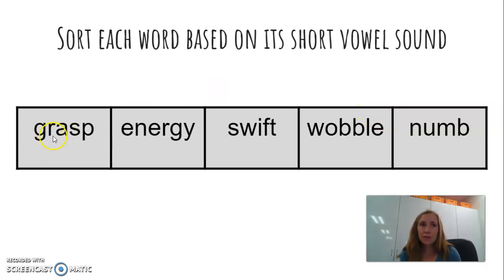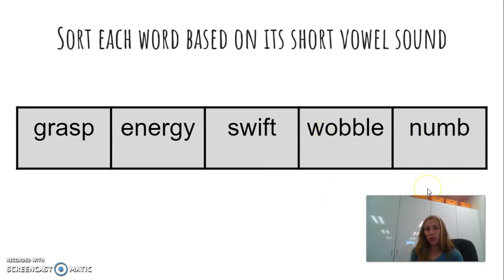So grasp, that's a short A. Frantic, okay, maybe. Energy, okay, that would be a short E. Frantic, do they sound the same? Does that vowel sound the same? Swift, frantic, wobble, frantic, numb, frantic.